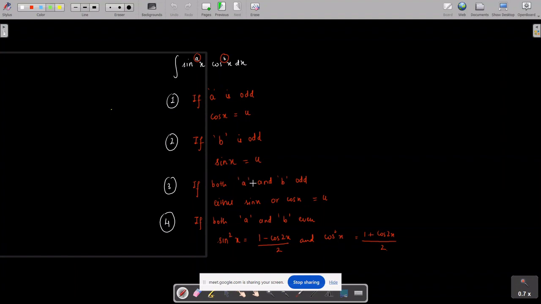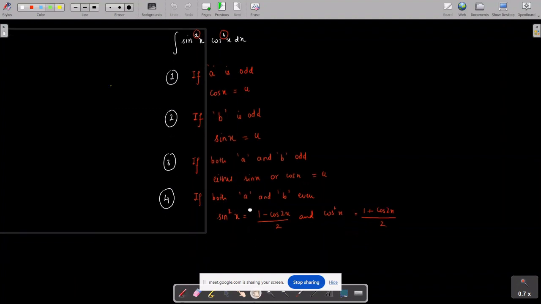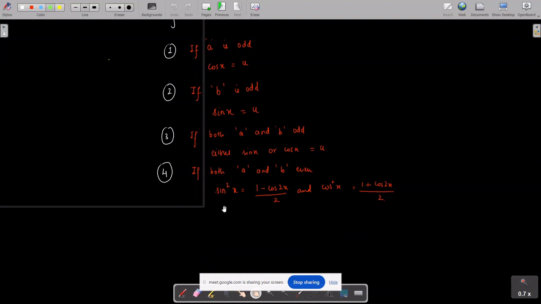And if both the exponents are odd, then we can make either of these substitutions. And if both a and b are even, I think I gave you a problem which is of type 4. If both a and b are even, then we will use the half angle trigonometric identities.